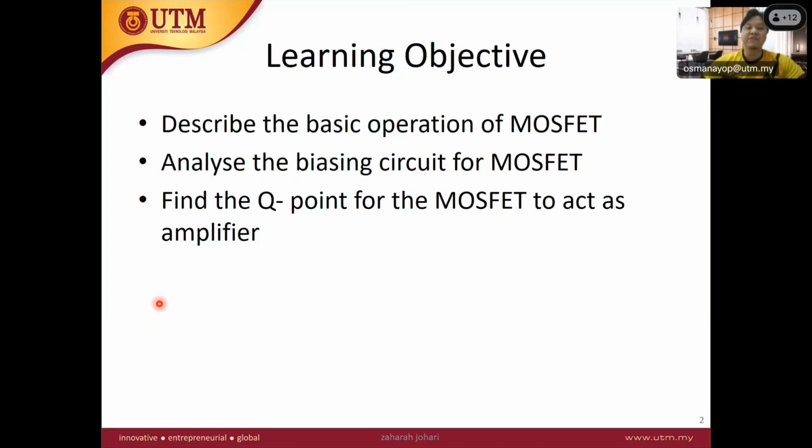I will also explain a little bit on this MOSFET. What is the difference between the D-MOSFET as well as E-MOSFET?